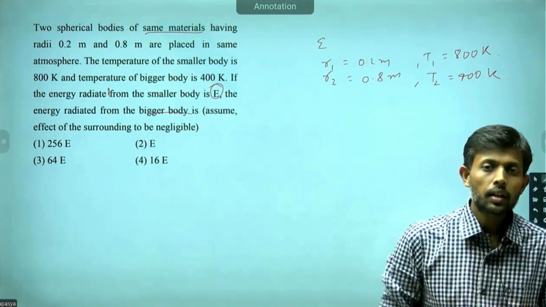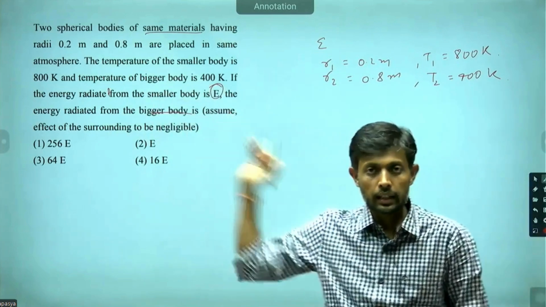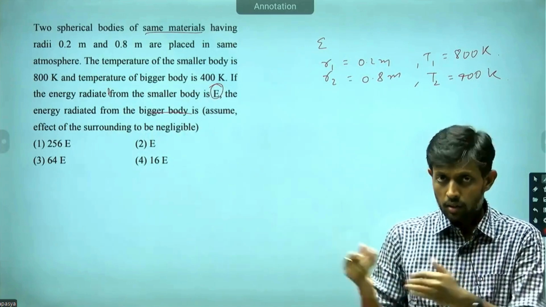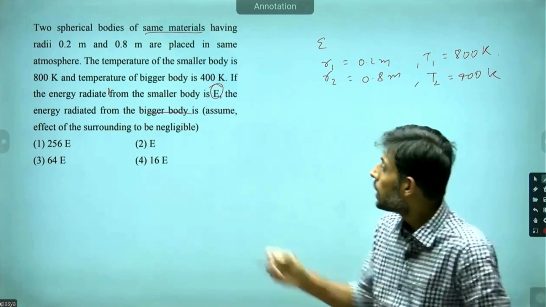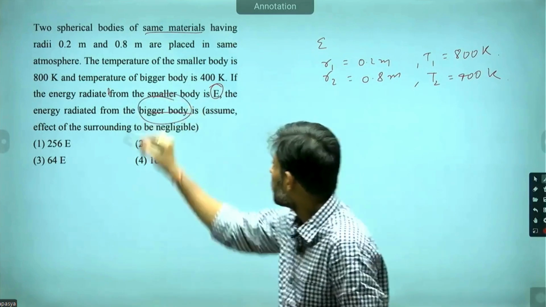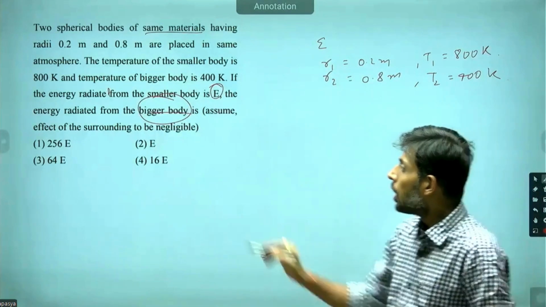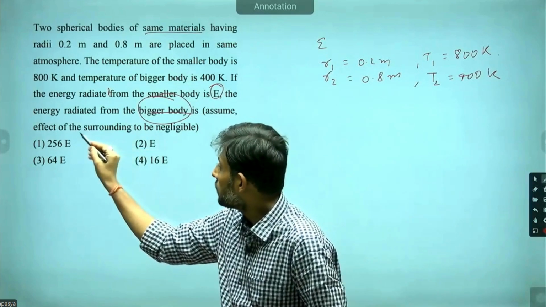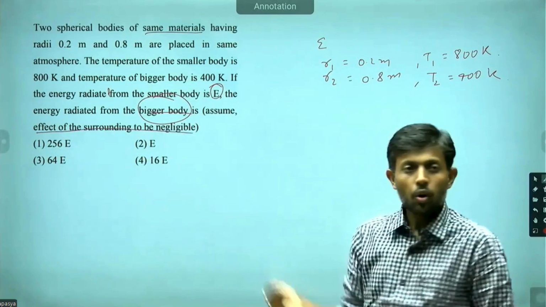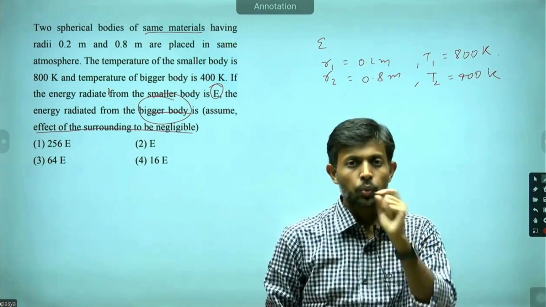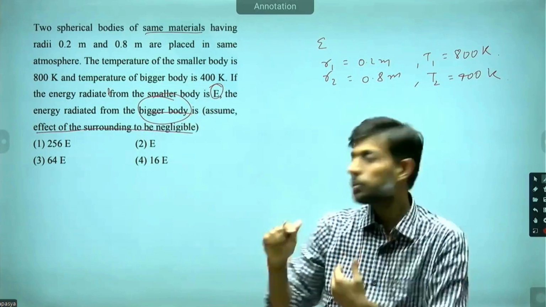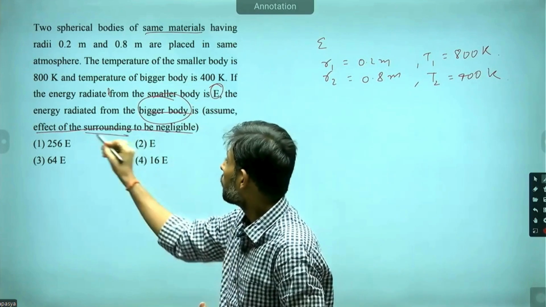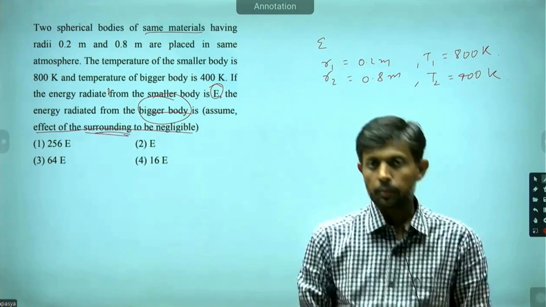So if the energy radiated from the smaller body is E, what is the energy radiated from the bigger body? And we have to assume that there is no effect of the surrounding. So all the heat current will be only because of heat flowing out, nothing flowing in, because we're considering that the surrounding has negligible effect.